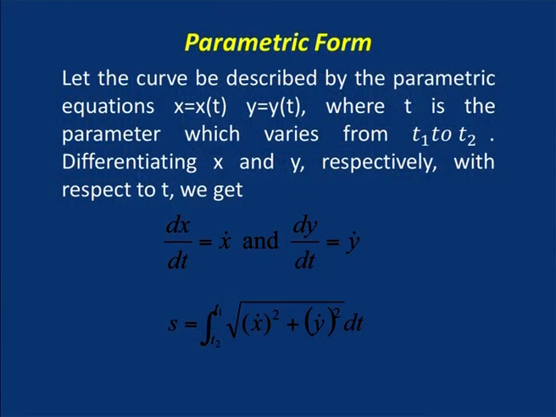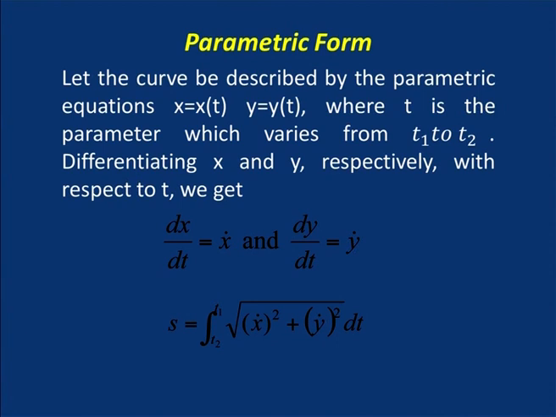Now, I will explain the parametric form of the curve to find the arc length. Let the curve be described by the parametric equations x is a function of t and y is another function of t, where t is some parameter which varies from t1 to t2.